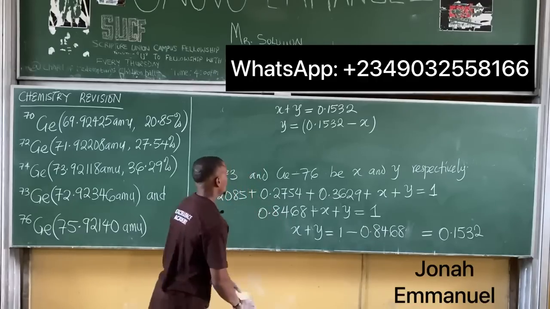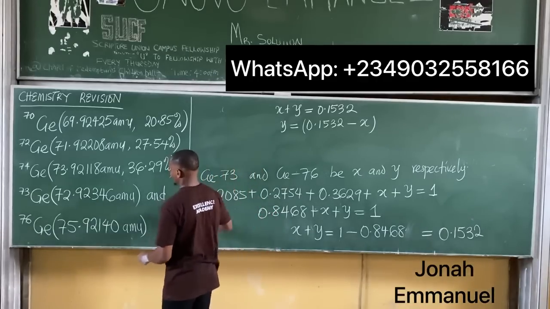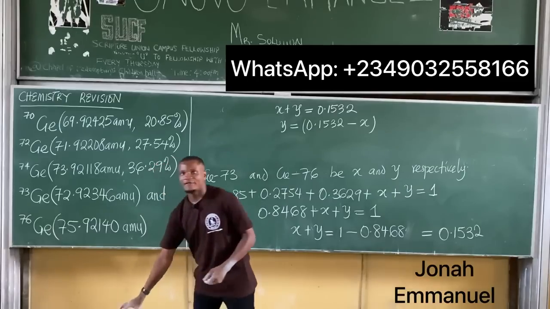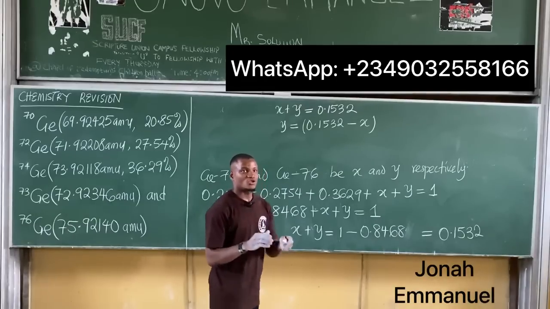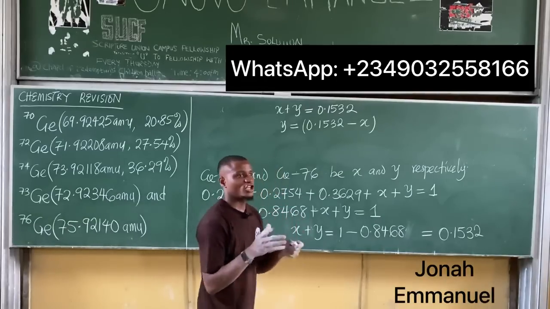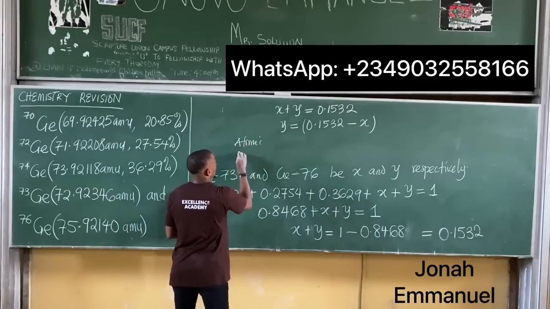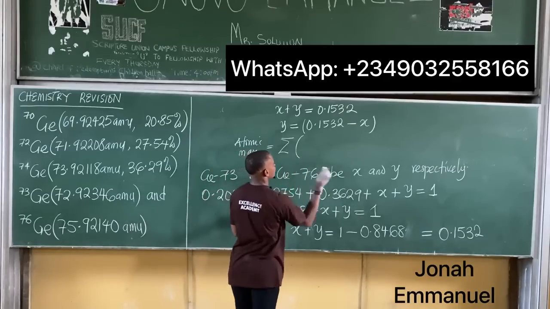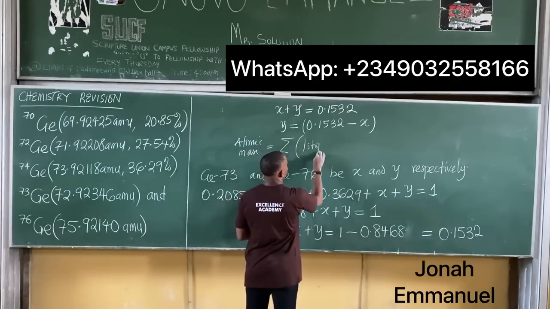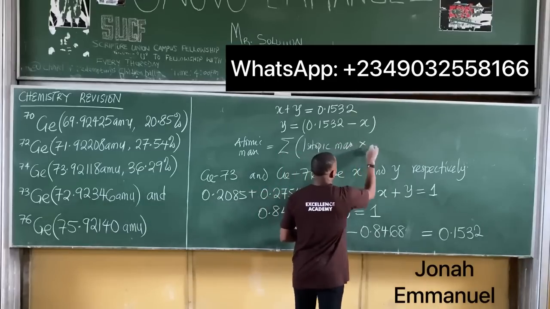Therefore, so listen, please. Check your formula. The formula was this, that the atomic mass was equal to the sum of the product of isotopic mass and what there?